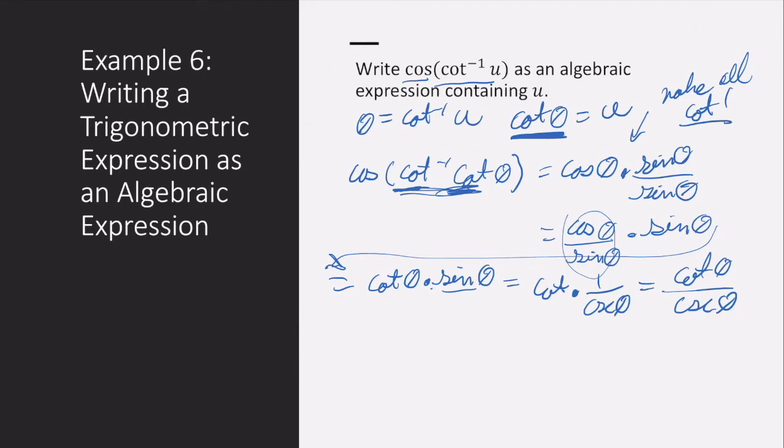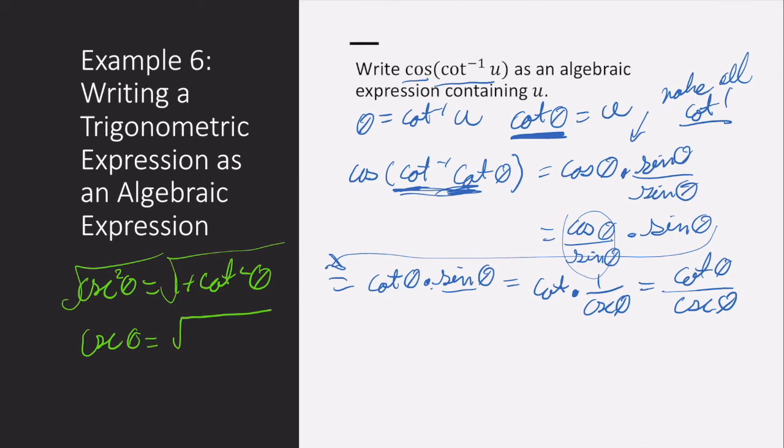Well, we've got a handy trig identity that cosecant squared theta equals 1 plus cotangent squared theta. So I could take the square root of both sides, and then cosecant of theta is the square root of 1 plus the cotangent squared of theta.